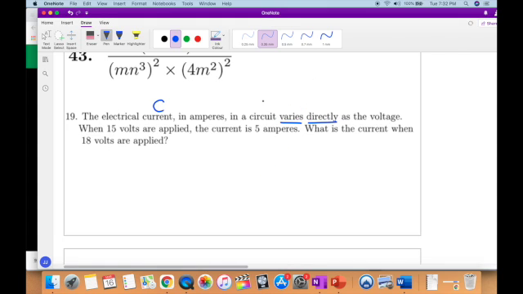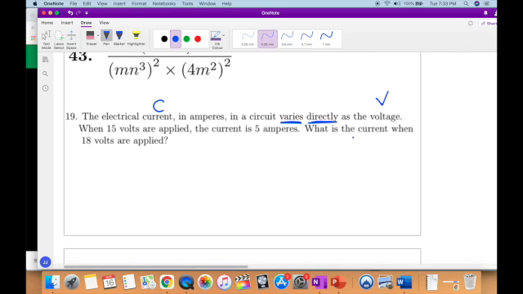How do I know this is the topic of variation and proportionality? How do I know that this isn't just some normal worded algebra question? Because they use these two words. Varies directly. Varies directly as the voltage V.